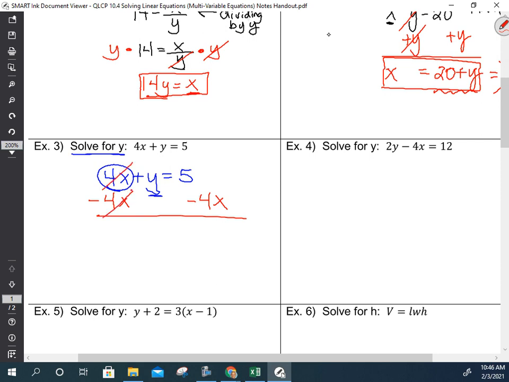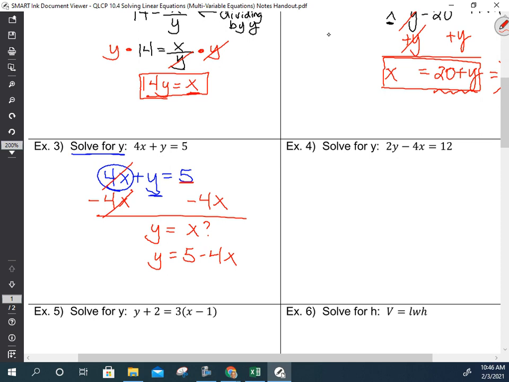So he says y equals x. That sounds a lot better. So here's the problem with it being x. 5 doesn't have an x attached to it.